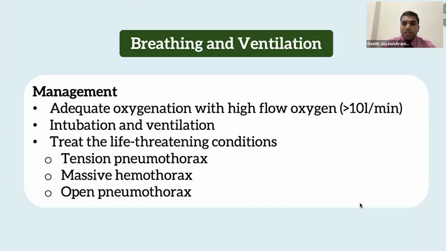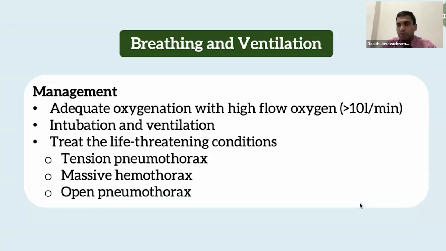Open pneumothorax is where there's a communication between the interpleural space and the external environment. So the air doesn't build up, but air comes in and goes out with ventilation. But when there's an open pneumothorax of more than 3 centimeters, the respiratory drive is affected. The lung can't expand in inhalation properly. So there's reduced ventilation of the lung.